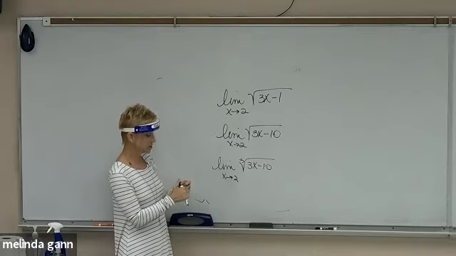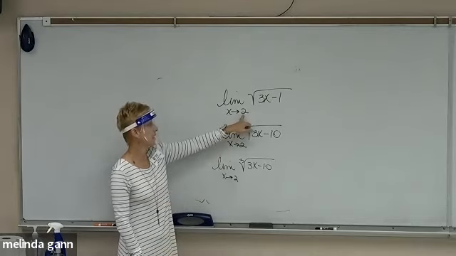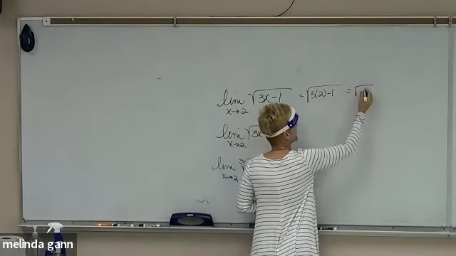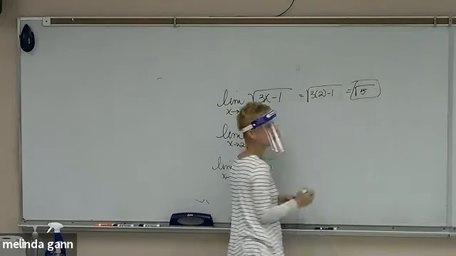You got permission with that theorem at the bottom of the page to take this number and substitute in for this letter as long as you get a valid real number answer. So what happens when I take 2 and I plug it in for 3? What do I get? The square root of 5. Is that a real number answer? Then I can do that.